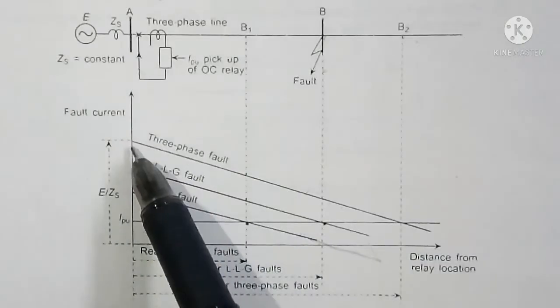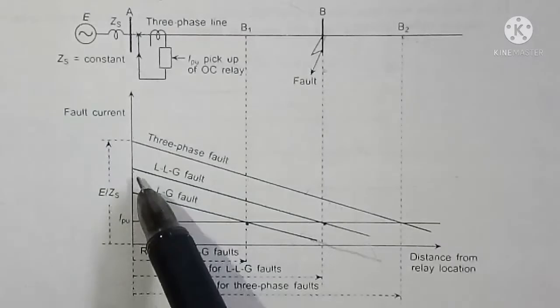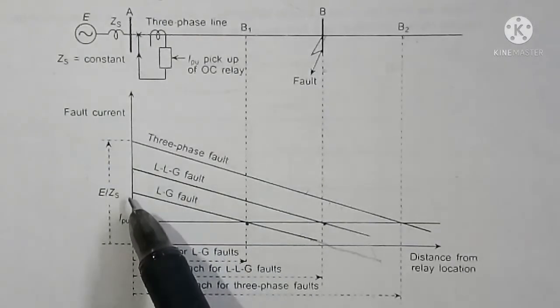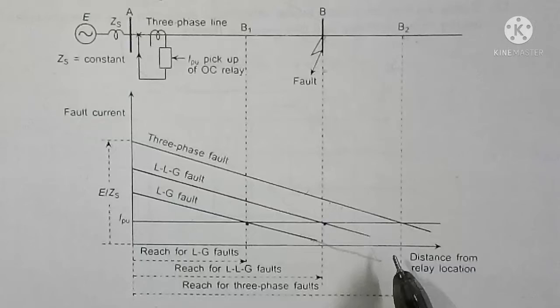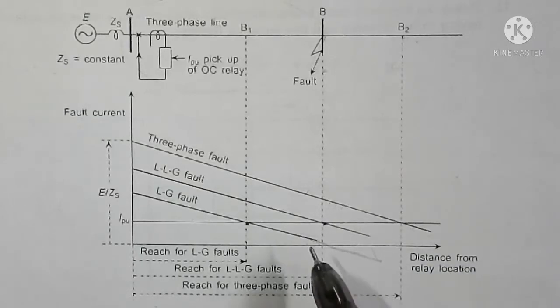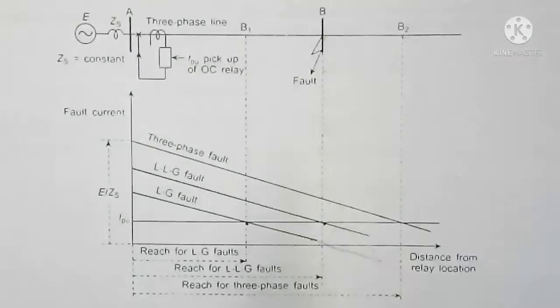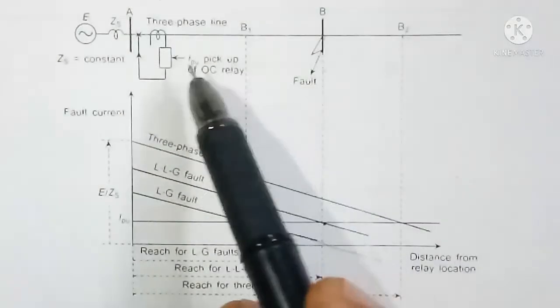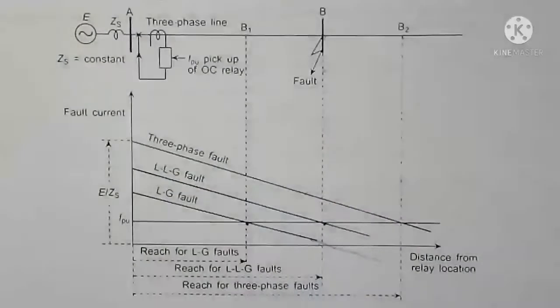So here you find three-phase fault current maximum, 2LG fault current maximum, LG fault current maximum, and these all three currents will go on decreasing as the fault moves away from the relay location, because the transmission line impedance will be added to ZS.